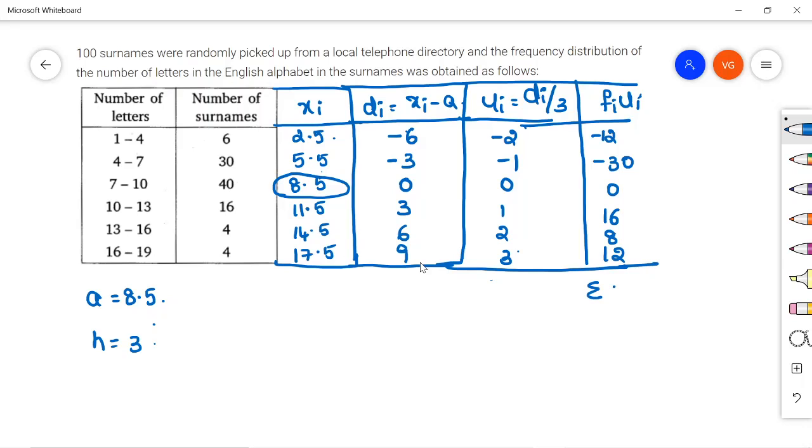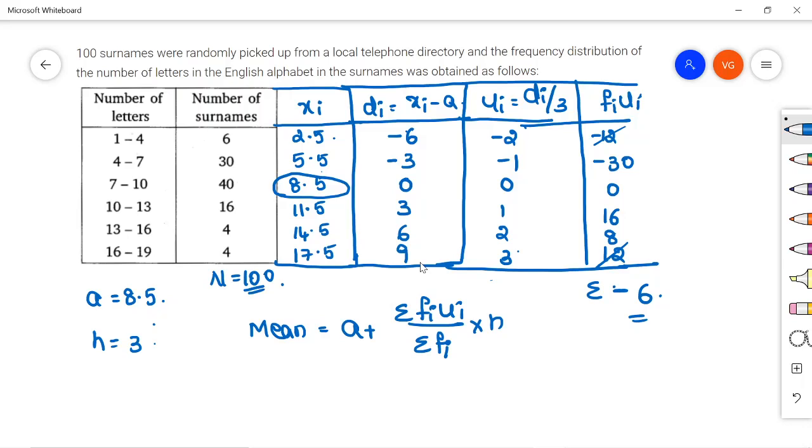Find out sigma fi ui. So this is minus 6. These two will get cancelled, right. So you will get it as minus 6, right. So the formula here for mean is, mean is given by a plus sigma fi ui divided by sigma fi into h. So sigma fi, that you know, that is nothing but n is equal to 100.